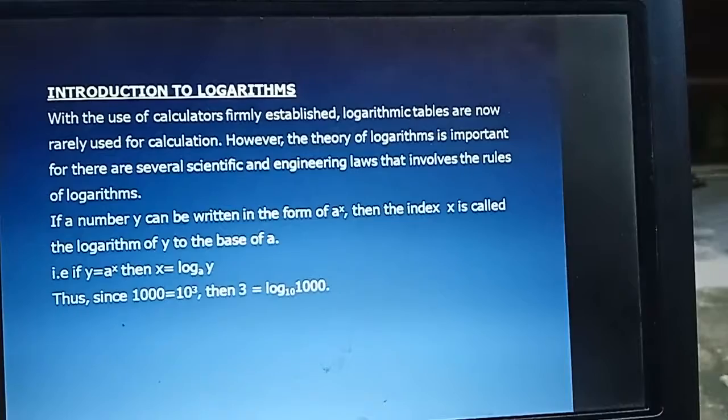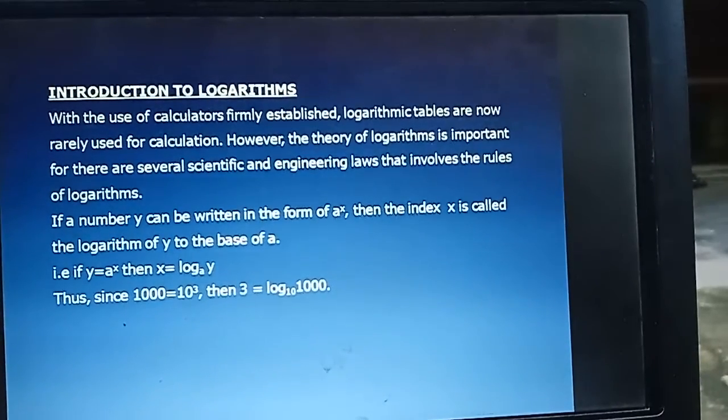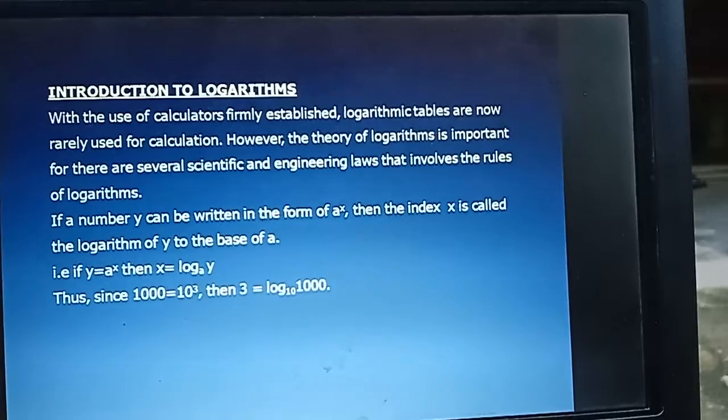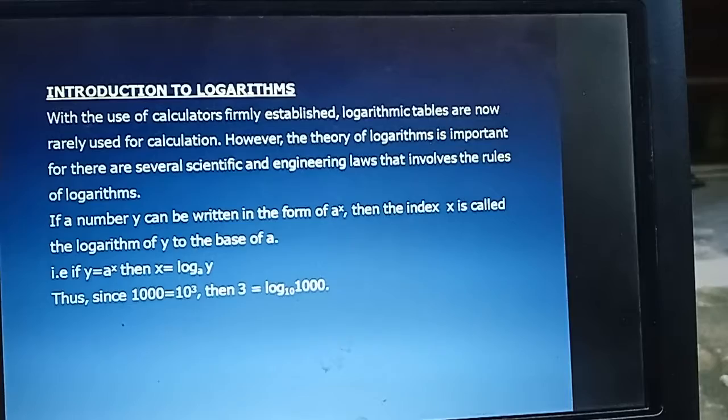There are several scientific and engineering laws that involve the use of logarithm. Instead of using that popular table to find answers, you can use calculators in a simple way. When you take your calculator, you see the log button, just press it.